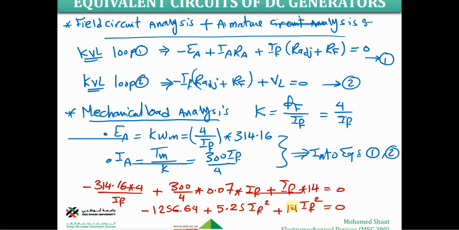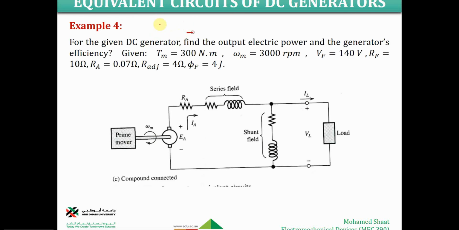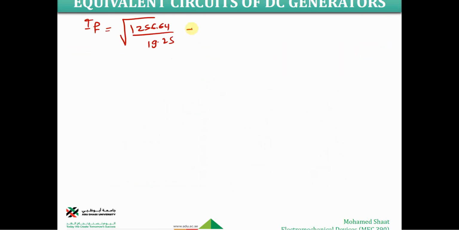So solving this equation for the field current, we can find IF as the square root of 1256.64 divided by 19.25. Doing the calculations, we're gonna end up with this value for the field current of 8.08 amperes.